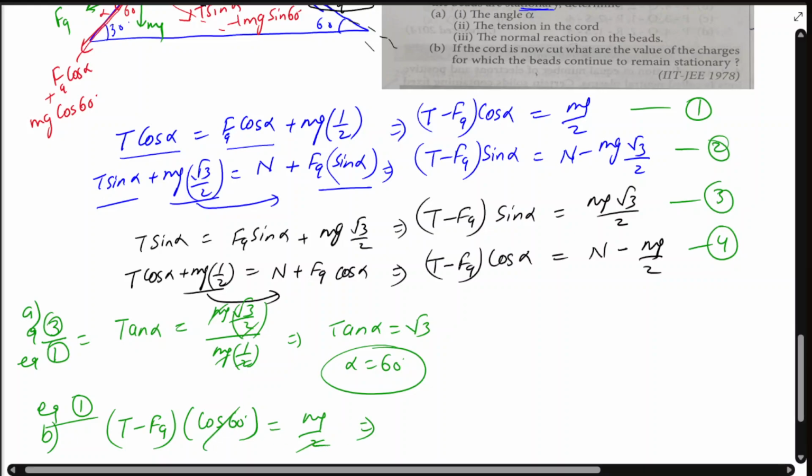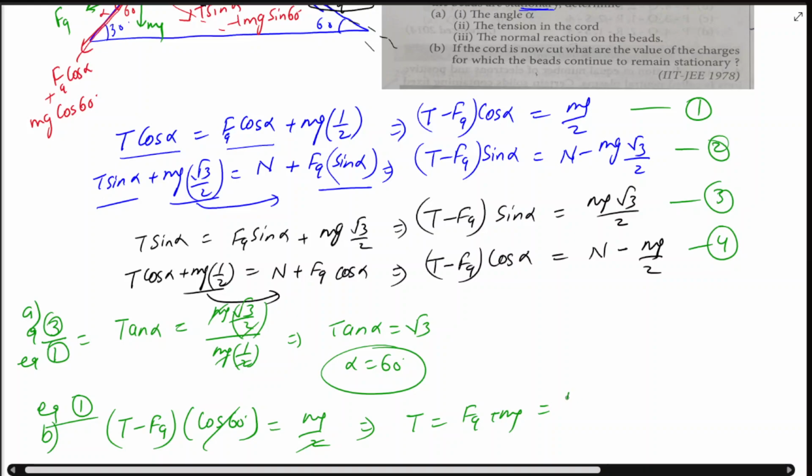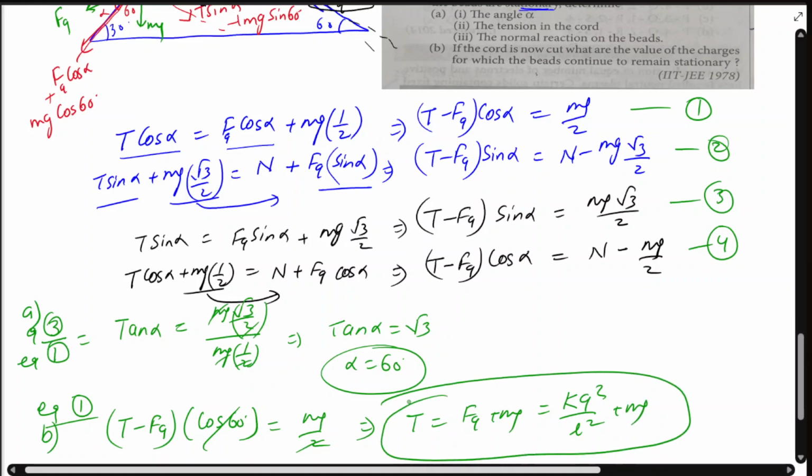Cos 60 degree will get cancelled. So T will be equal to FQ plus mg, right? And FQ we can write as KQ square by L square, plus mg. This will be our second answer.